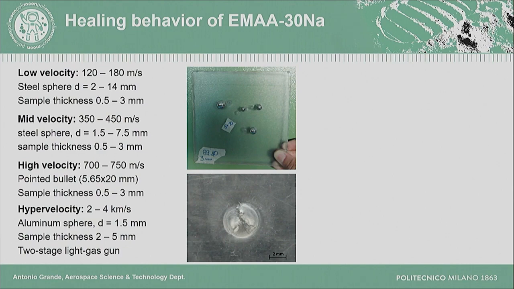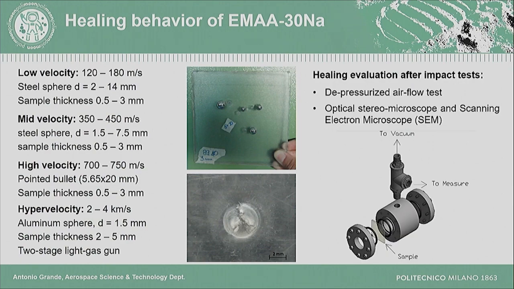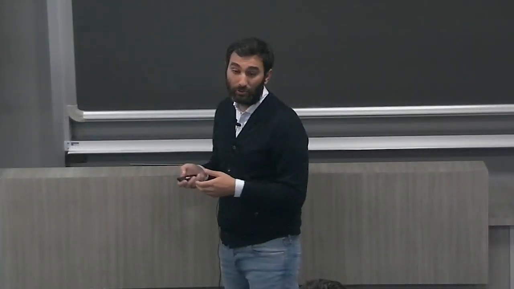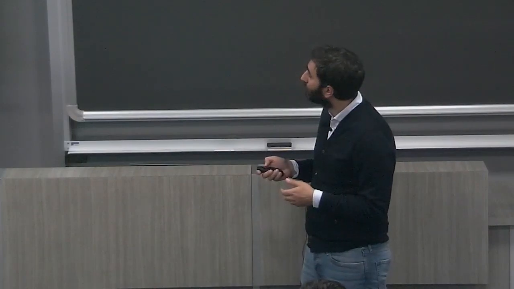In particular, for spacesuits, we tested at hypervelocity, up to 4 km per second, so very high impact velocity. And we designed a depressurized airflow test to check the efficient sealing of the sample, and we observed the surfaces of the sample with a microscope.